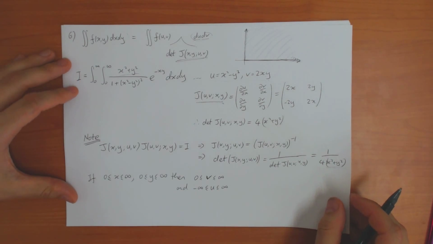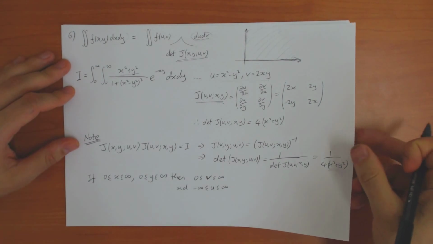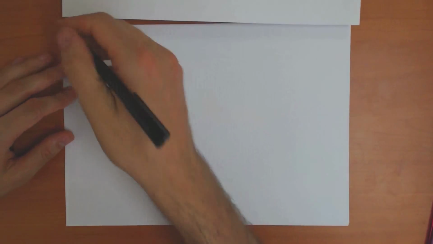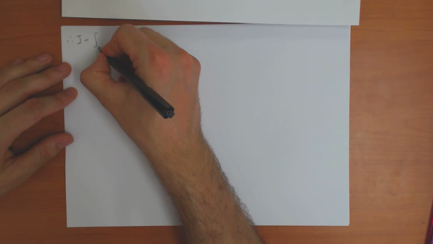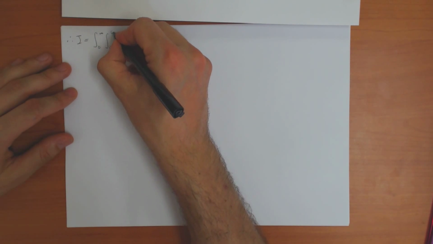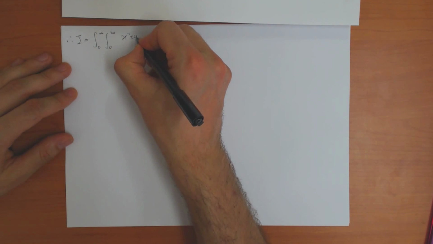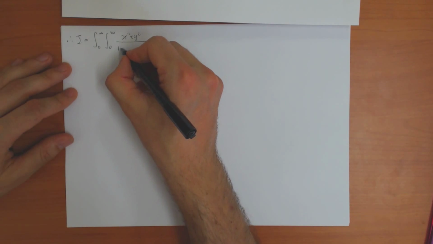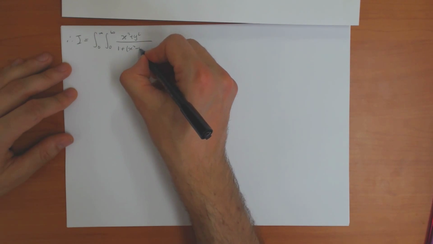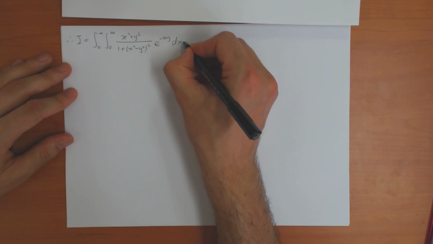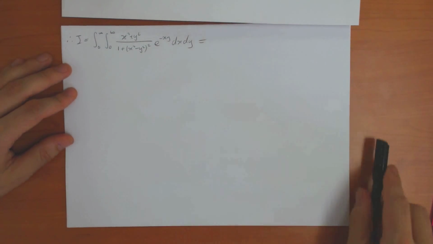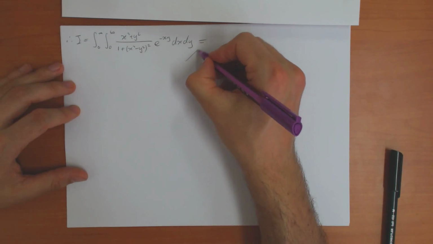Right, so now let's put all that together in our formula for I, and hopefully we'll get an integral that we can do. So I is the integral from 0, I'll just write it out again first of all. So what do we use here?